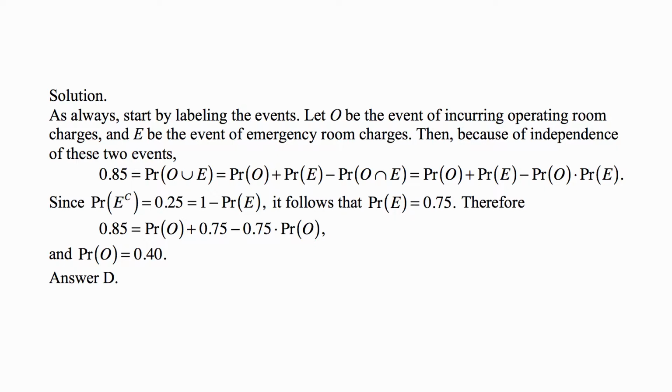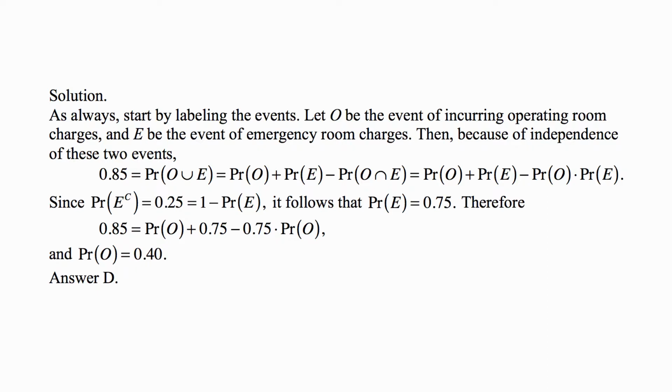Then we are told that 0.85 is the probability of O union E, because that's the probability of having one or the other, with the possibility of both of them being on the bill. Well, that's the same as probability of O plus probability of E minus probability of O intersection E.